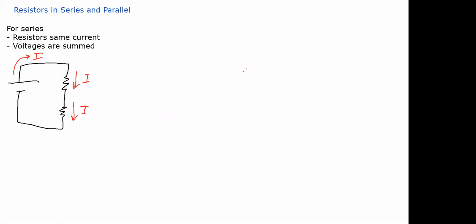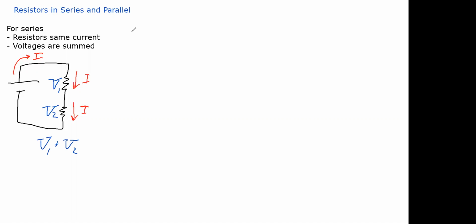That's why I said resistors in series always have the same current, and their voltages are going to add up. So you have your voltage across R1, I'll call that V1, and voltage across resistor 2, and you could add them up, V1 plus V2.